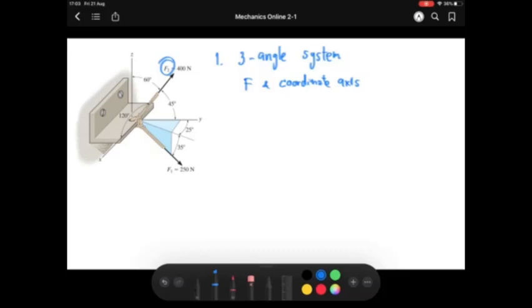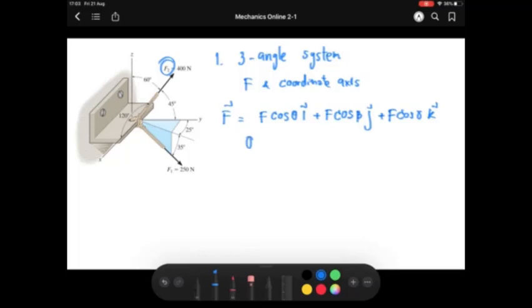We can write that vector F equals the magnitude of F cos theta in terms of i, plus magnitude of F cos beta in terms of j, and then magnitude of F cos gamma in terms of k.